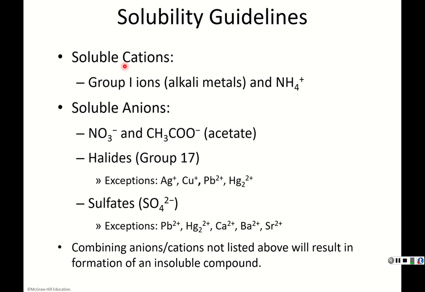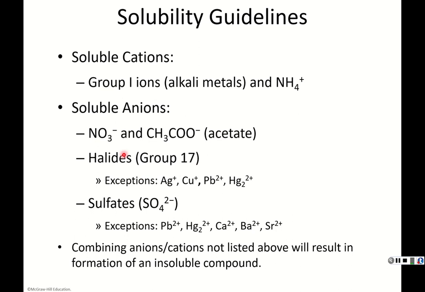Well, there's certain things that are always soluble, and those are group 1 ions. The alkali metals we consider as always soluble, and ammonium, NH4+. Soluble anions that are always soluble: nitrate, NO3-, and acetate, CH3COO-.